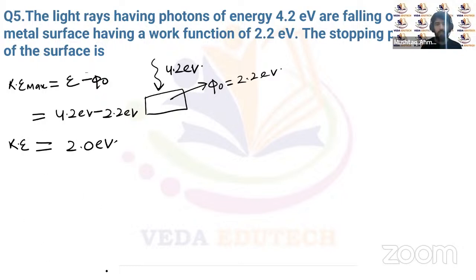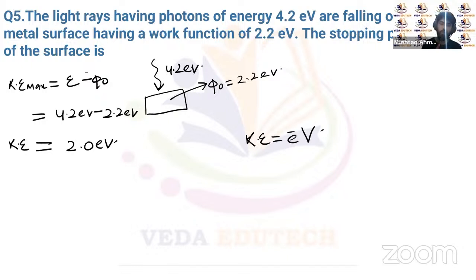Now we know that whenever an electron is moved across or through a potential difference of V volts, the kinetic energy is equal to the charge multiplied by the potential difference. So if 2 electron volts is the kinetic energy of this electron, it means we need to apply a potential difference of at least 2 volts to stop it.